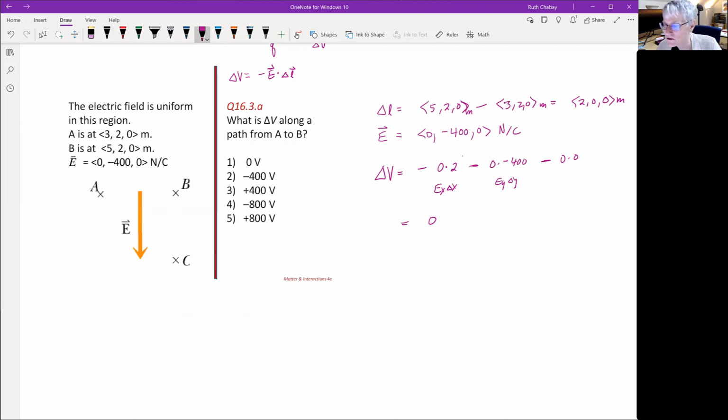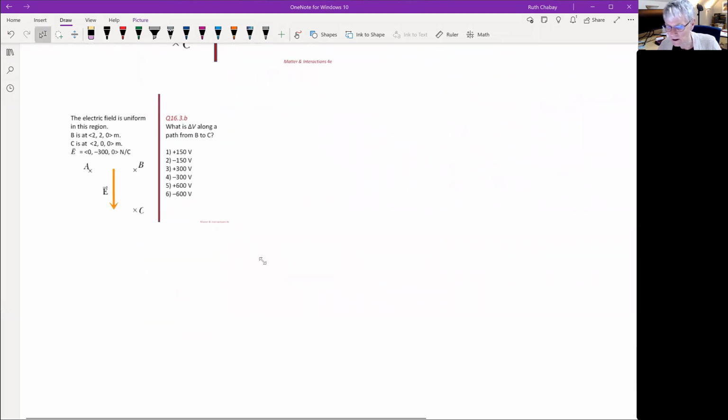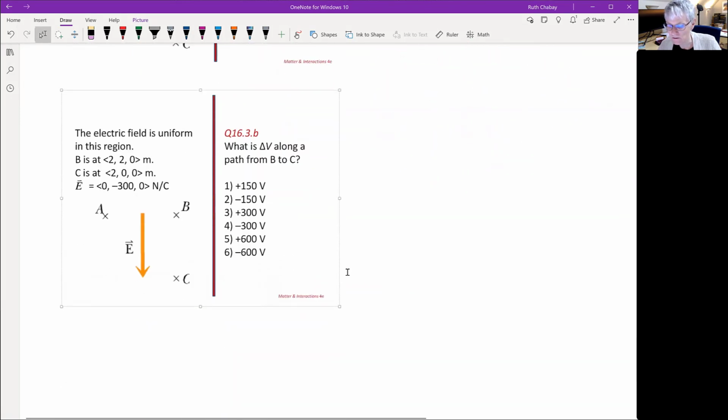Let's try a different question. Not quite the same electric field. The electric field is negative 300. Location B is at 220 meters.